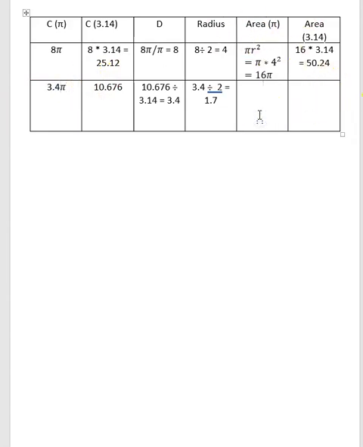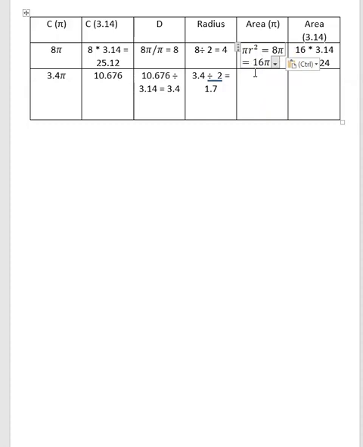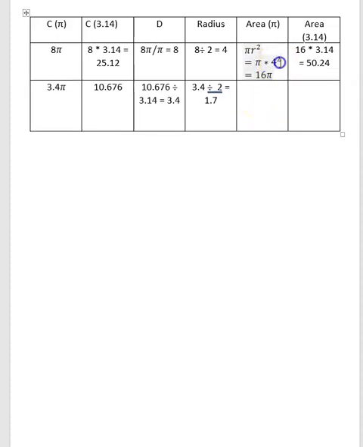For area, pi r squared is our area. So I'm just going to copy this format from up above. So pi, only instead of the r, we're going to put in 1.7 squared. So we do pi times 1.7 squared. Well, 1.7 squared is 2.89.